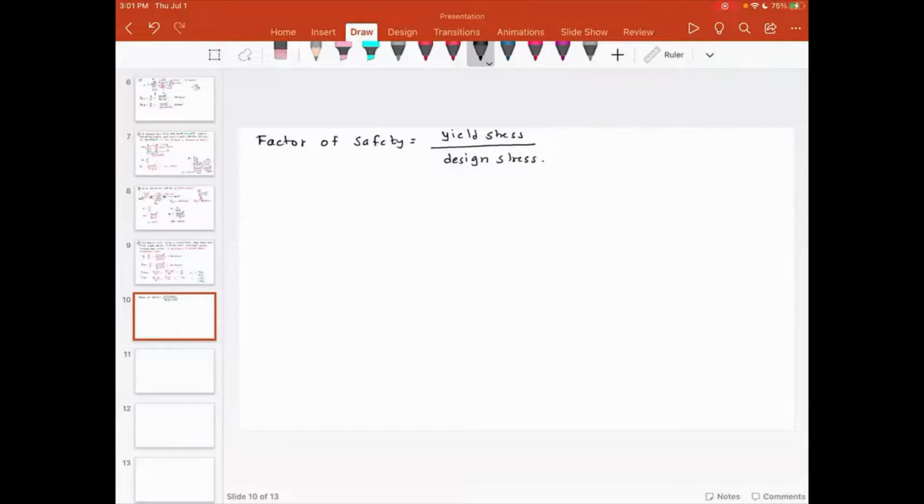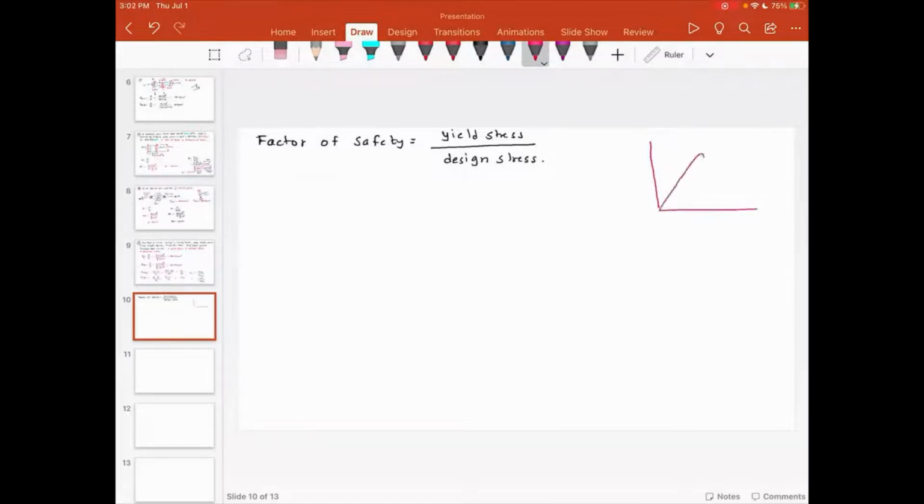Many a times, when we start designing, we have some assumptions and we design based on those assumptions. Unfortunately, under the loading conditions, those assumptions may or may not remain valid. So to error proof or to over design, we take into account something called as the factor of safety.